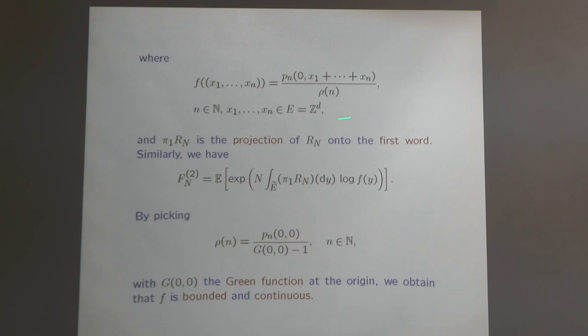Now I'm still having this function, and I'm going to make a choice now. I'm deciding that the rho n will be Pn00 divided by G00 minus 1.